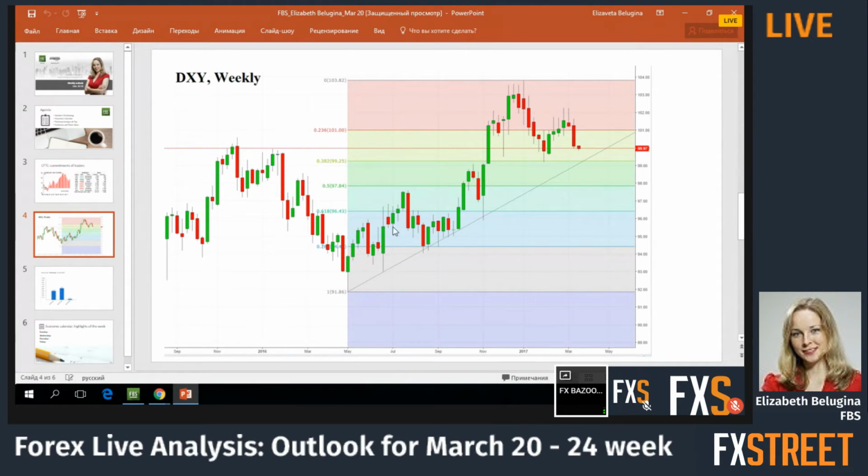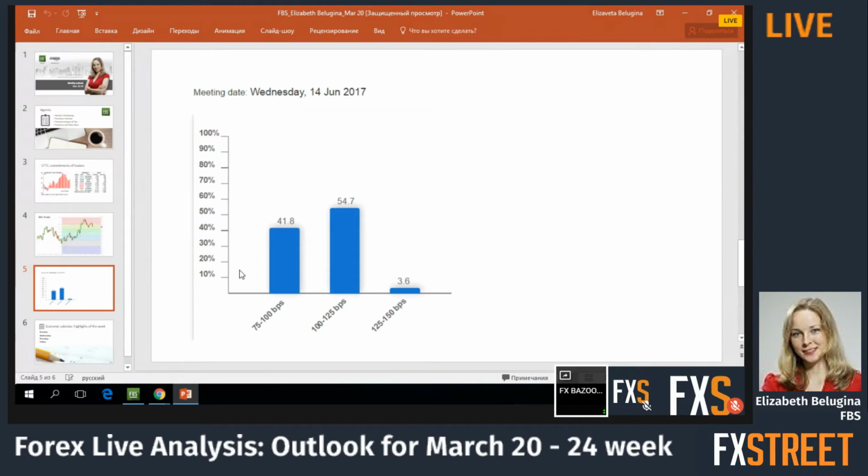If you look at the data by the Chicago Mercantile Exchange, here is how the market is pricing in the possibility of a US rate hike in June. We can see that this possibility currently accounts for more than 58%. On Friday, the possibility was around 54%, so surely there is some increase.